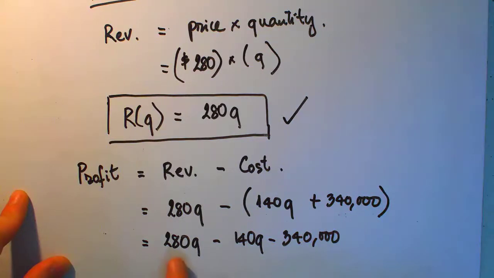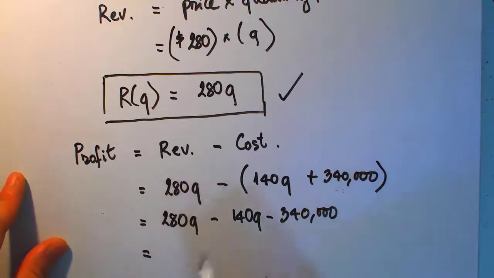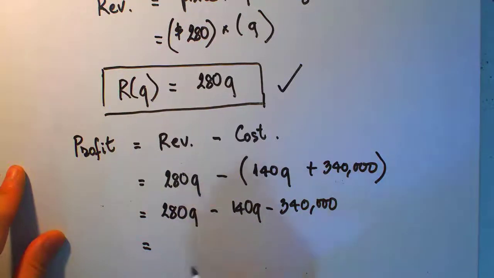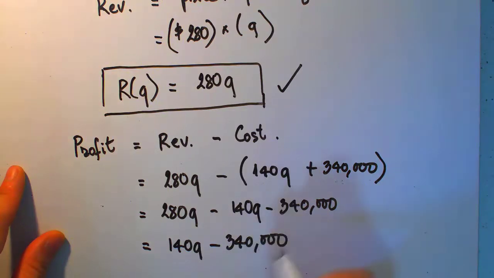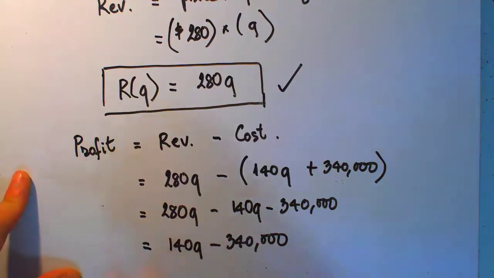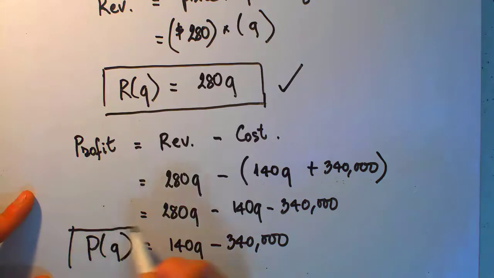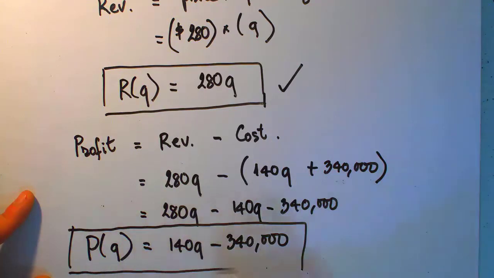And these two terms being like terms, I can go ahead and combine them and reduce my expression down to positive 140 Q minus 340,000. But now at this point, this is my profit function. And for the profit function, I should have used the functional notation capital P of Q. And truly at this point, this is our profit function.